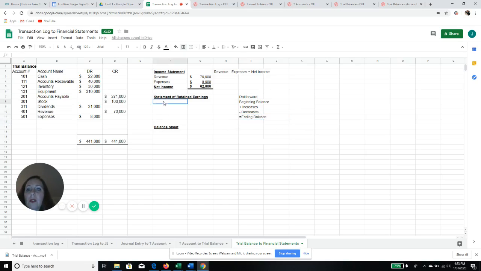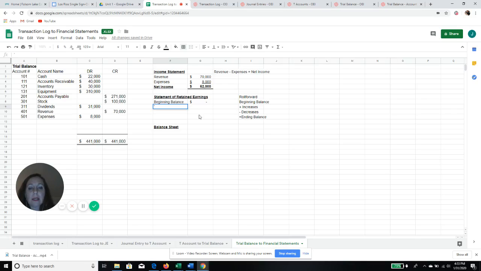Okay, so our beginning balance is going to be 0. You wouldn't know that. I'm just telling you that. This is our first month of operation, so our beginning balance is 0. Going forward, we'll have a beginning balance because last period's ending balance will be this period's beginning balance. But because it's our first period in operation, our beginning balance is 0.